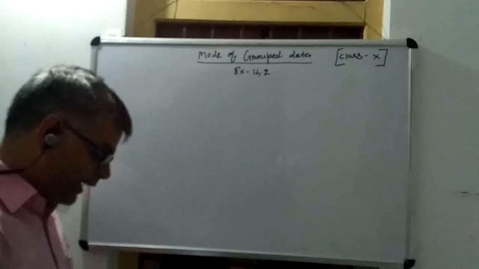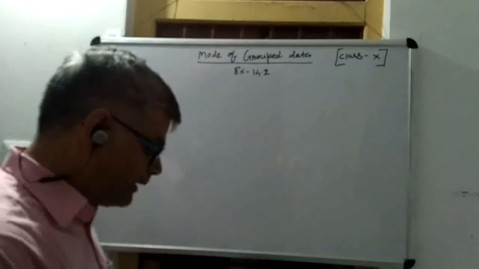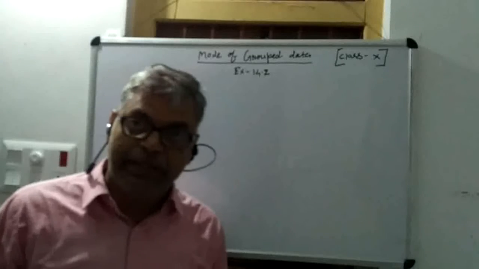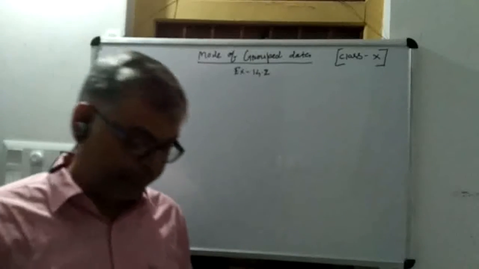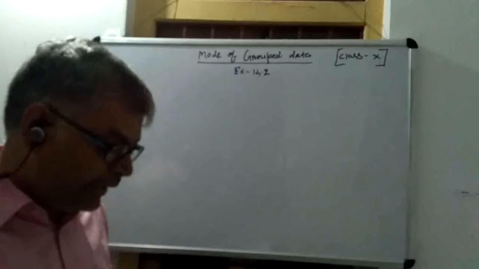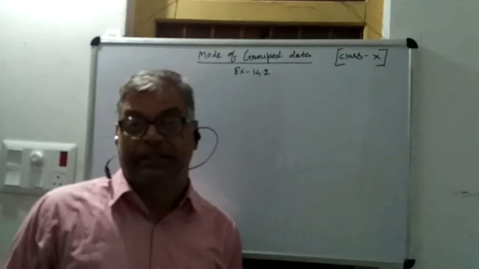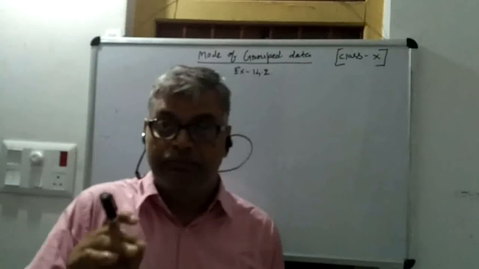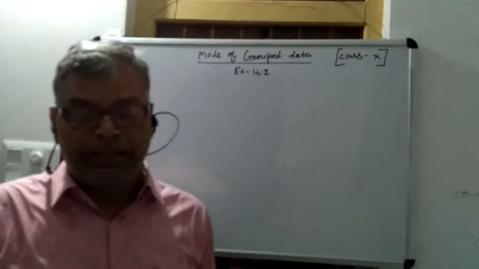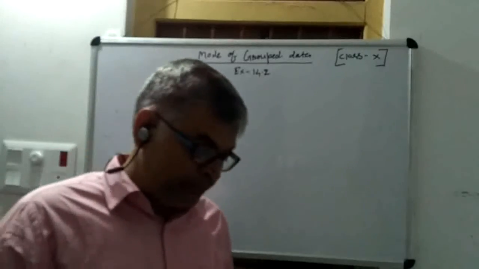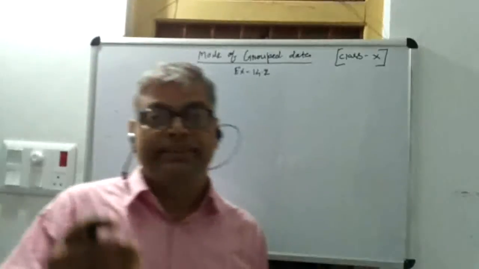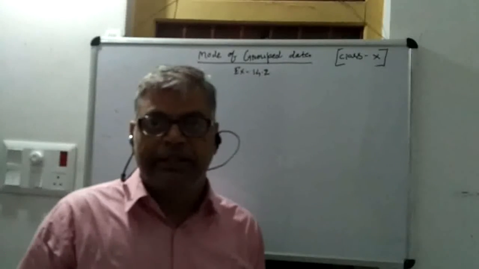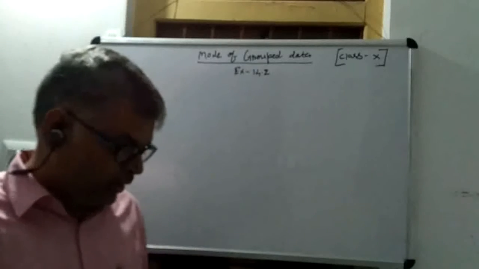The question says find the mode and mean of the data above. You have to calculate mode as well as mean, which I have discussed earlier. Thereafter, compare and interpret the two measures of central tendency, and find some result after comparing the mode and mean.